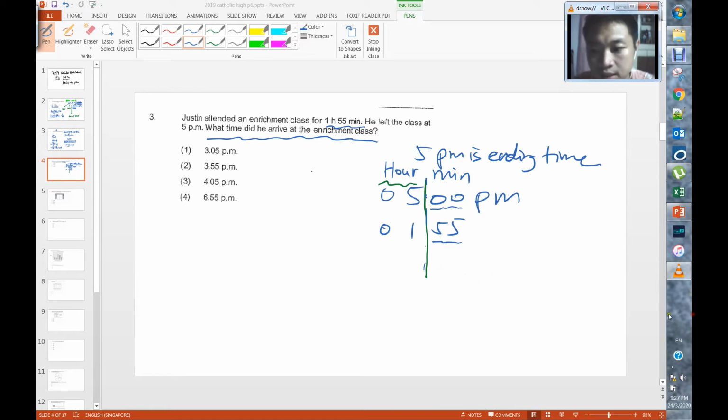So what do you do then? You should borrow 1 from 5. Before you do that, you should know that 1 hour is equal to 60 minutes. So you borrow 1 hour from 5, so you get 60 minutes here. And when you borrow 1 from 5, you are left with 4.